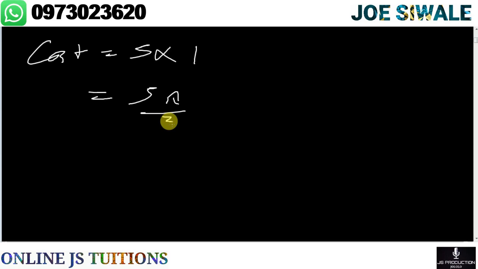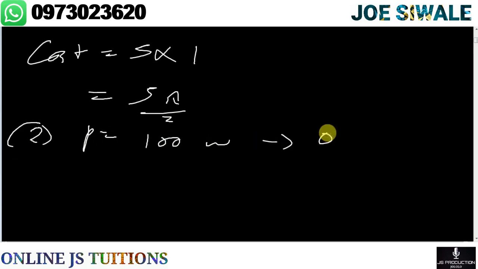So for this one, we have been given a television set, and the power that we have been given is that it uses 100 watts. If we convert that into kilowatts, we're going to have 0.1 kilowatts.